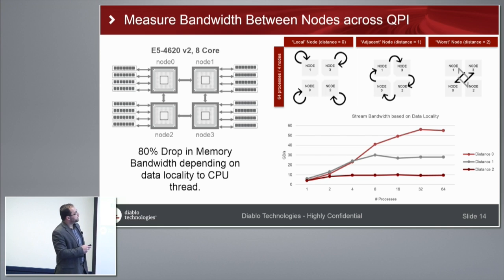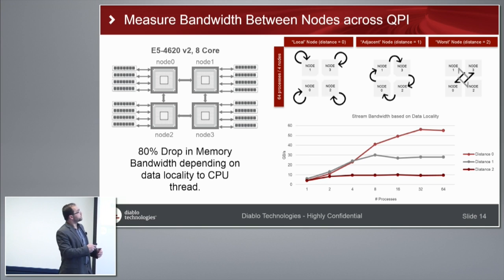In the local one, we physically pinned the process, the stream benchmark process, to a NUMA node, and there are Linux attributes that allow you to pin the data associated with the process to a NUMA node. So we pinned the process and its data within the same NUMA node.